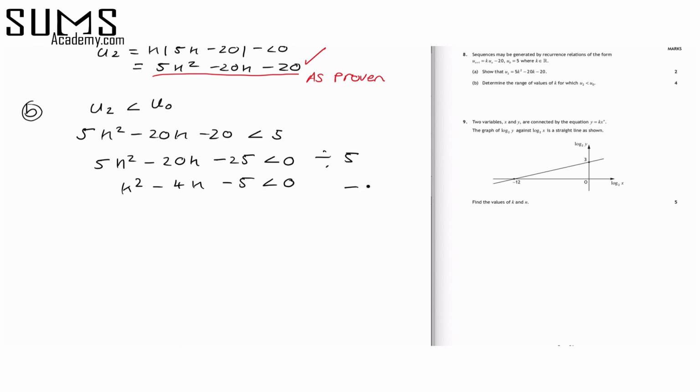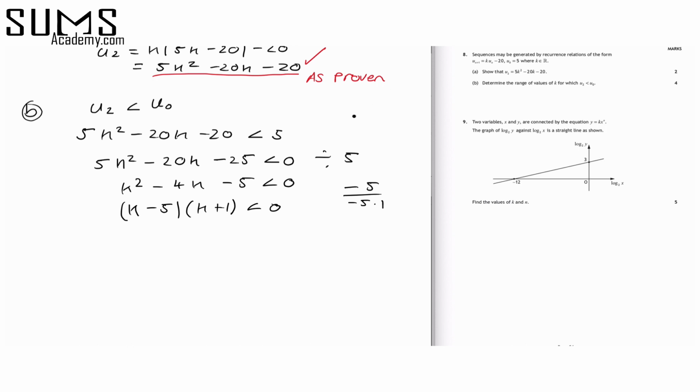So what are the factors of 5? They need to add up to make minus 4, so it'll be minus 5 and 1. So this just then becomes (k - 5)(k + 1) is less than 0.